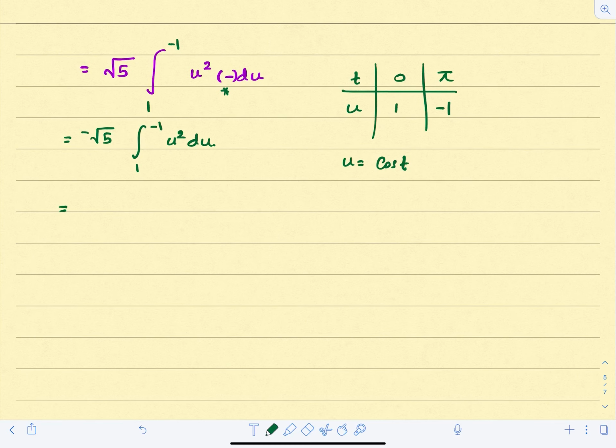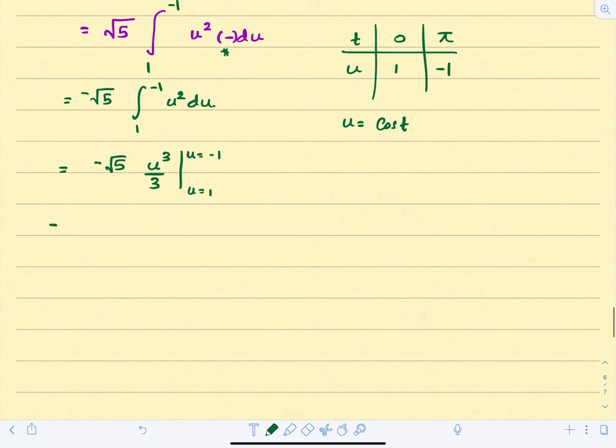Integral of u squared is u to the power 3 over 3. Upper limit is -1, lower limit is 1. So now we have √5 times -1 to the power 3 over 3 minus 1 to the power 3 over 3.